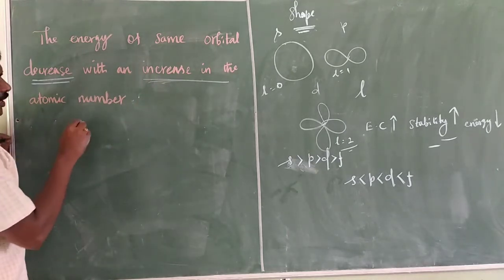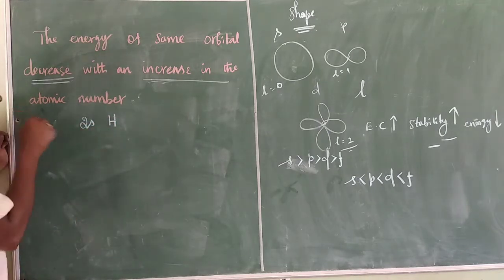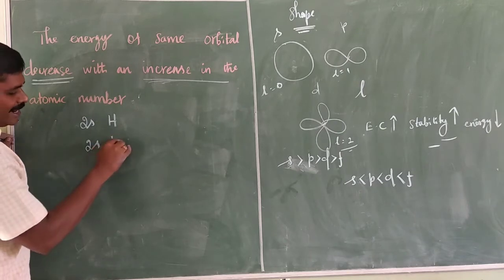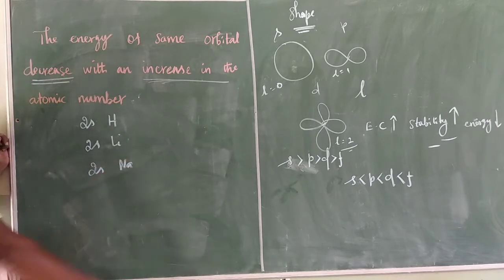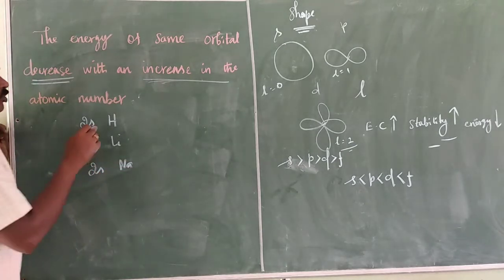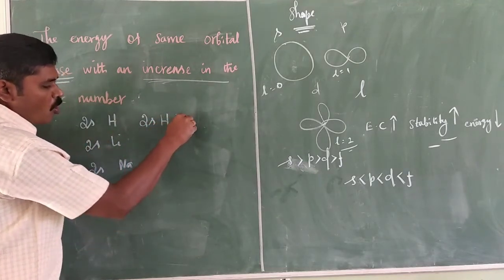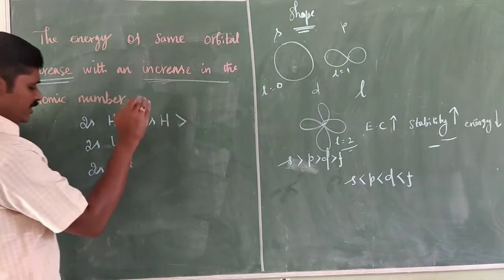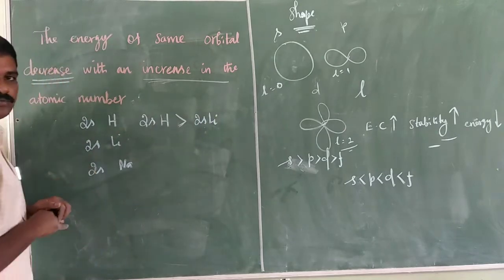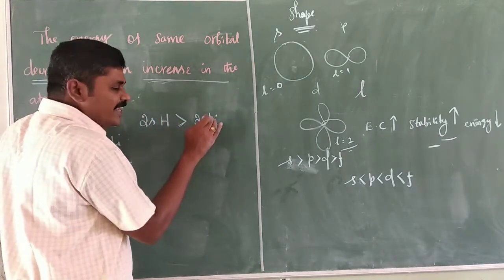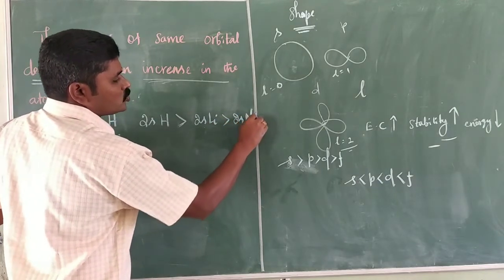For example, consider the 2s orbital in hydrogen, lithium and sodium. The 2s orbital in hydrogen has more energy than the 2s orbital of lithium, and the 2s orbital of lithium has greater energy than the 2s orbital in sodium.